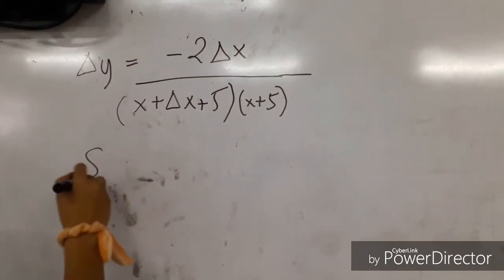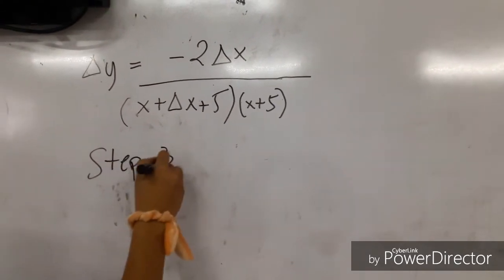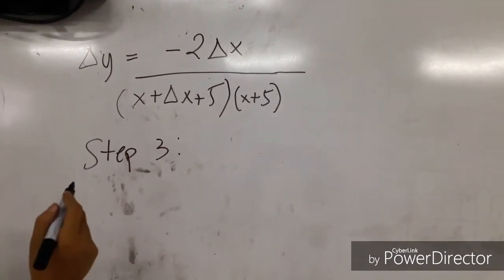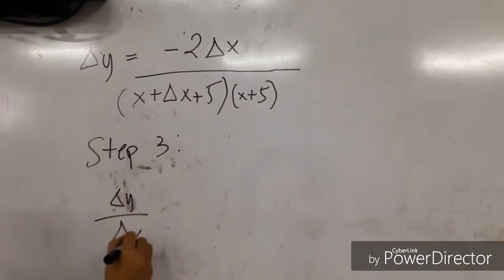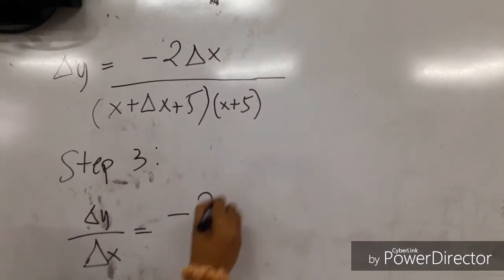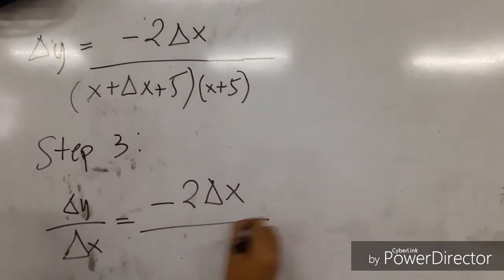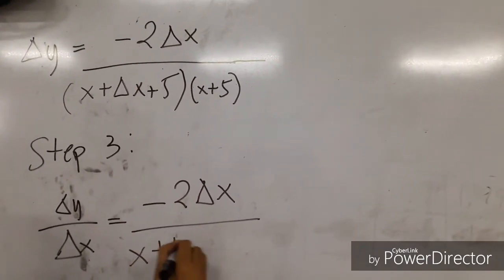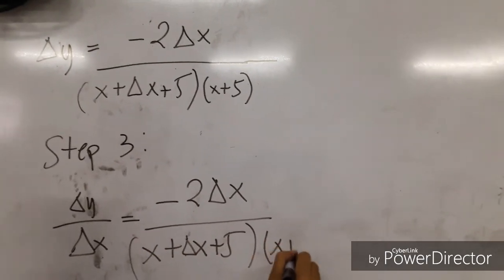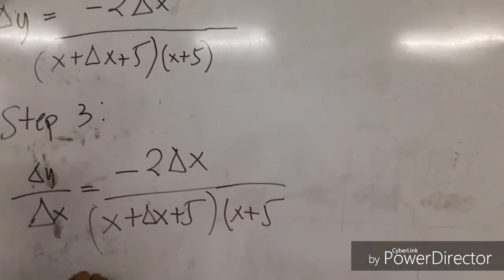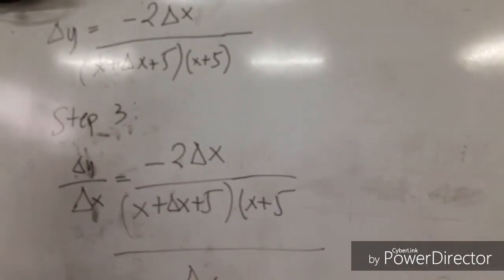So step 3. We now divide both sides by delta x. So delta y over delta x is equal to negative 2 delta x over (x plus delta x plus 5)(x plus 5), over delta x.